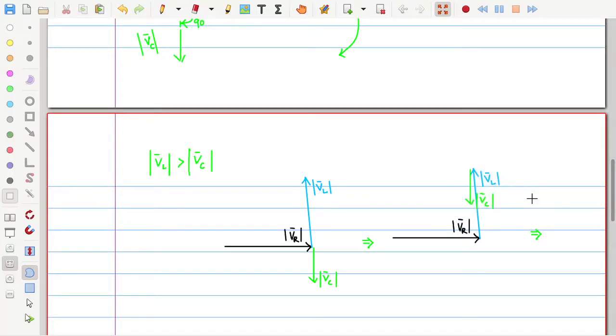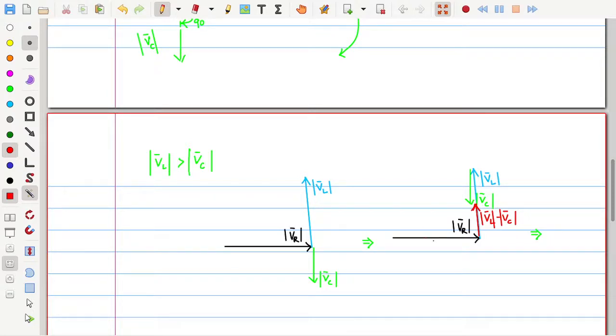If I deduct this amount of the green color length, then whatever is left out, which is equal to this much, is VL minus VC magnitudes. The red color one is the difference, VL minus VC.